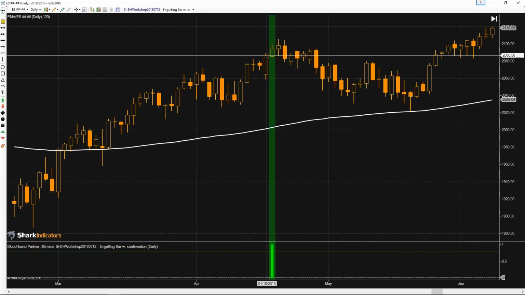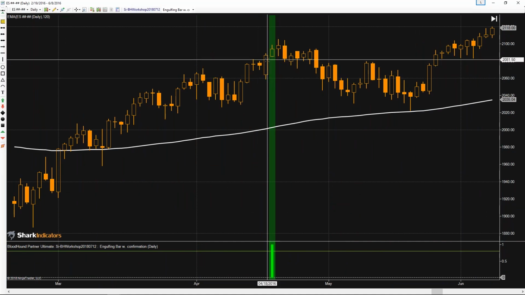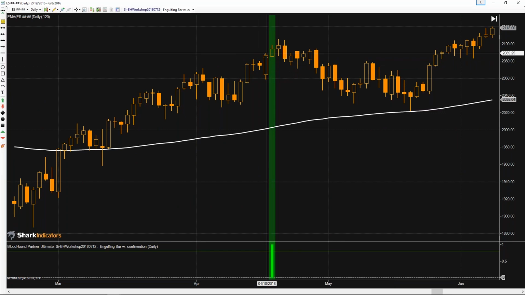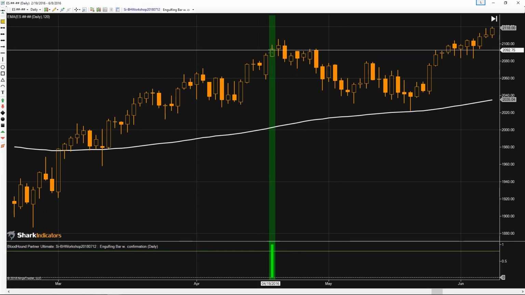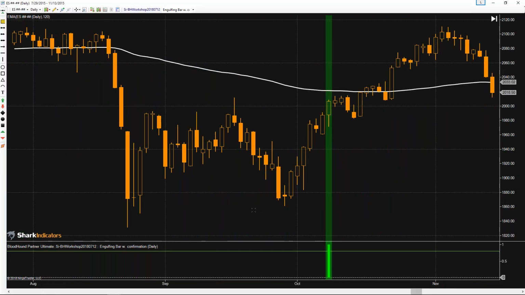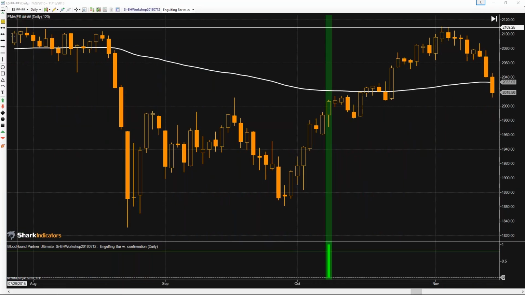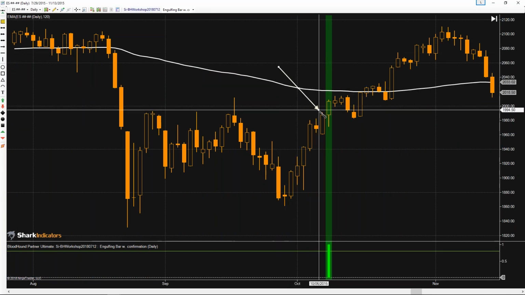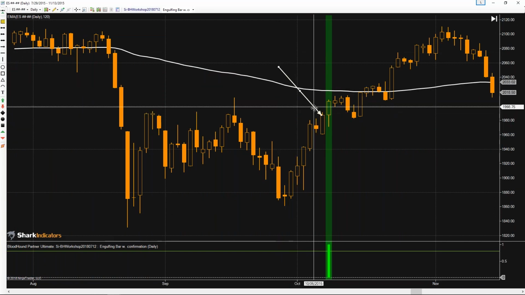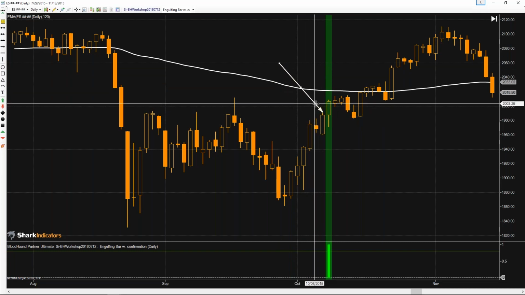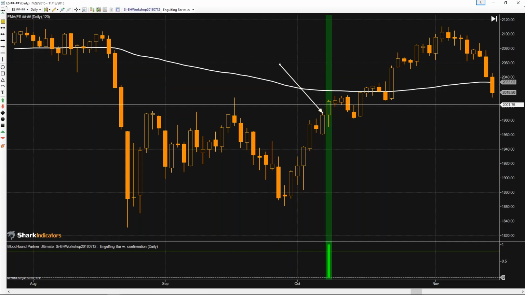Same here, definitely an engulfing bar there, and we had a break of the high, so that's good. And another one. I should grab an arrow. All right, so there's our engulfing bar, and we had a break of the high. Yep.